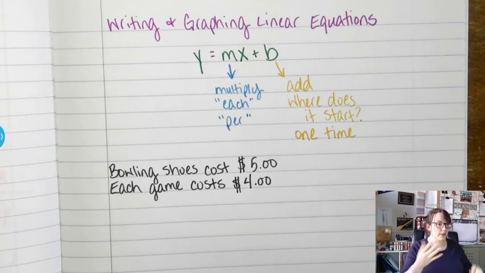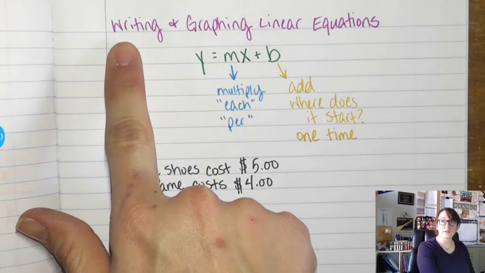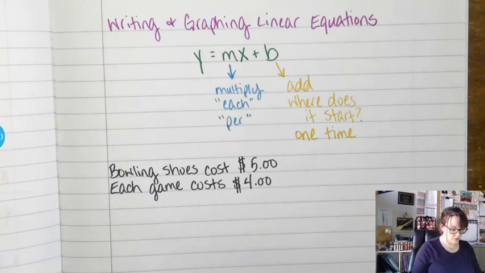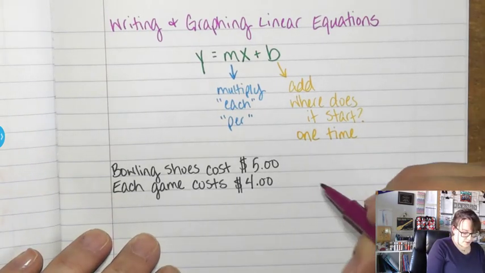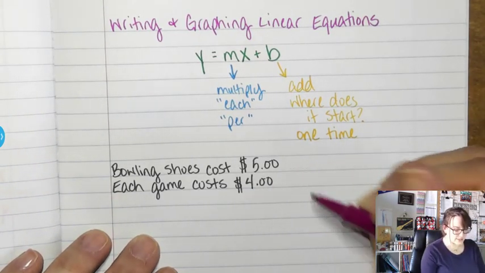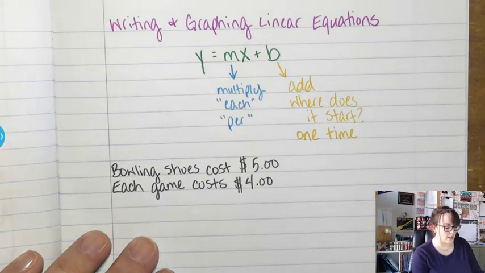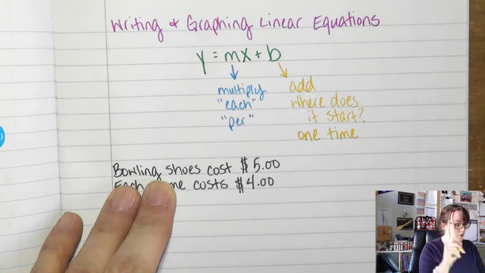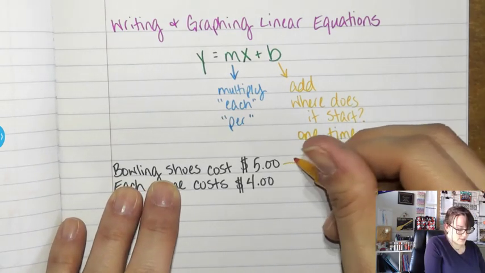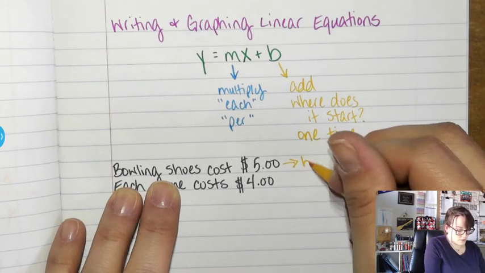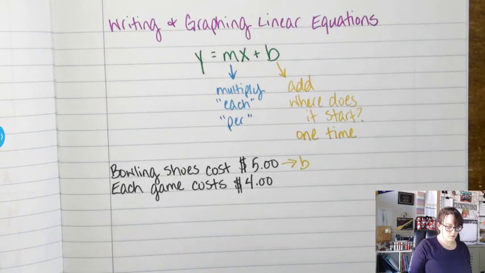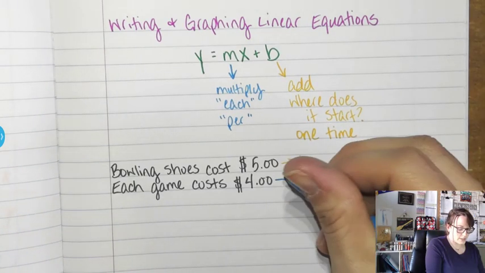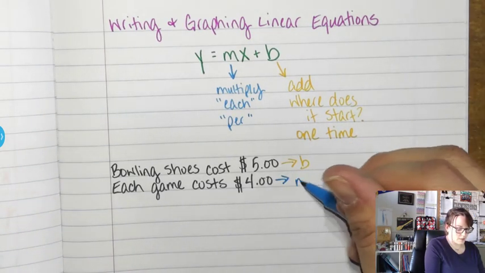Now, to write my equation, which is the first part, which one of these happens one time? The bowling shoes. I only need one pair of bowling shoes. So this is b. What is going to happen over and over? Each game. So $4 is m.